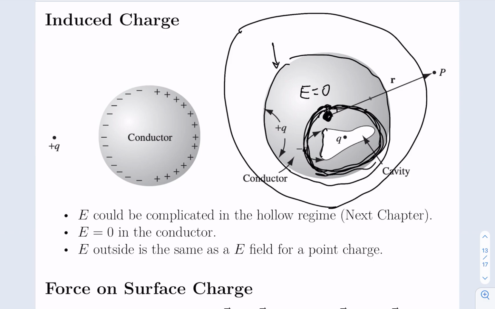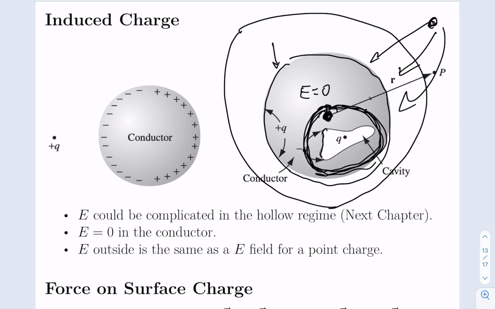So this is the idea of Faraday's cage, and this is the screening effect. If you do the opposite and put the source outside, then the electric field will shield the outside electric field from penetrating the surface.